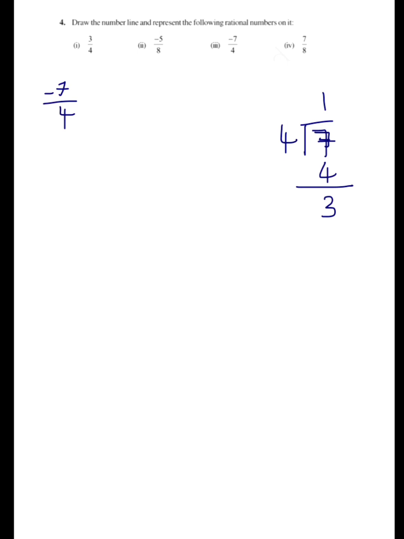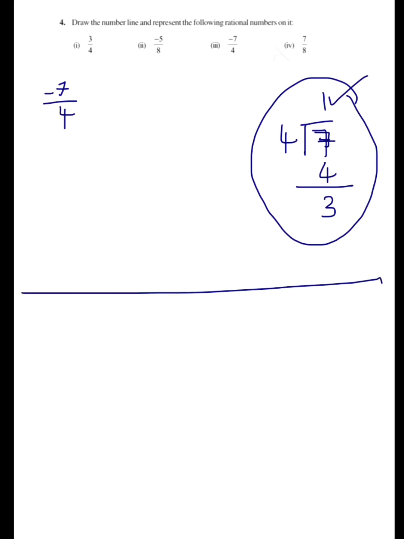That means after performing the division, you got the quotient as 1. If you are getting the quotient as 1, then in the number line it will be between 1 and 2. But here our question is minus 7 by 4.